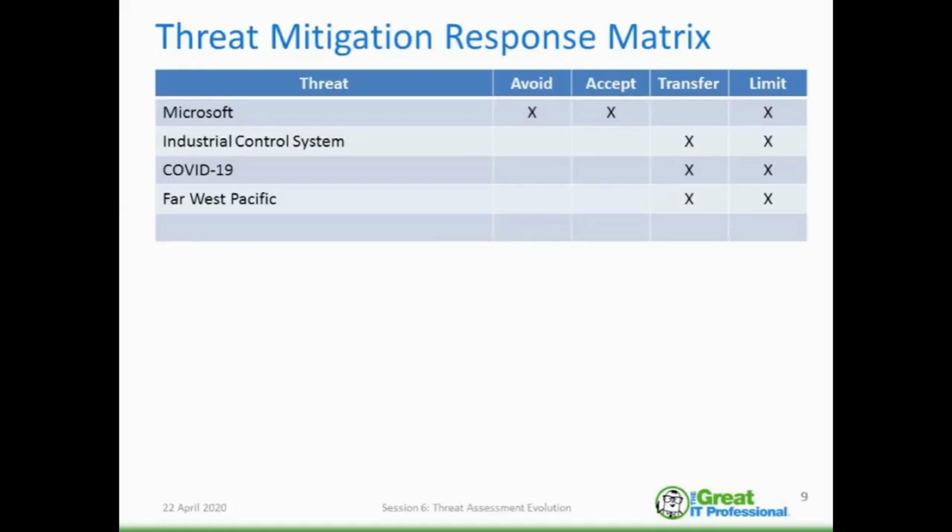Just about every system somewhere in the world uses a piece of Microsoft software somewhere. Because they're so ubiquitous, they're going to be the major area where we're going to have to make sure we understand the threats. Industrial control systems, we know that those are there. We decided to do some transferring and limiting. The COVID-19, we're all still enjoying that threat, and I think we will for quite a long period of time yet to go. And we've got our geographic area, the Far West Pacific.